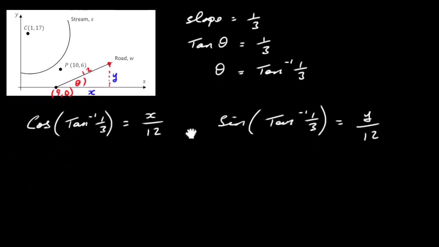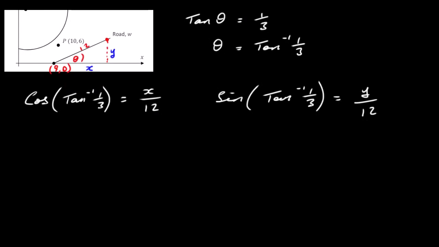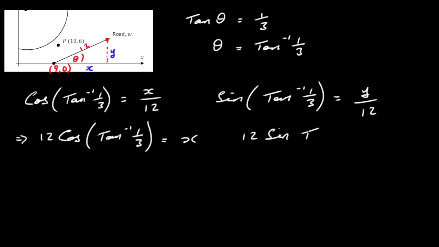So they're my x and y. All I've got to do is multiply across by 12. So 12 cos of tan inverse 1 over 3 is equal to x, and 12 sine of tan inverse 1 over 3 is equal to y.